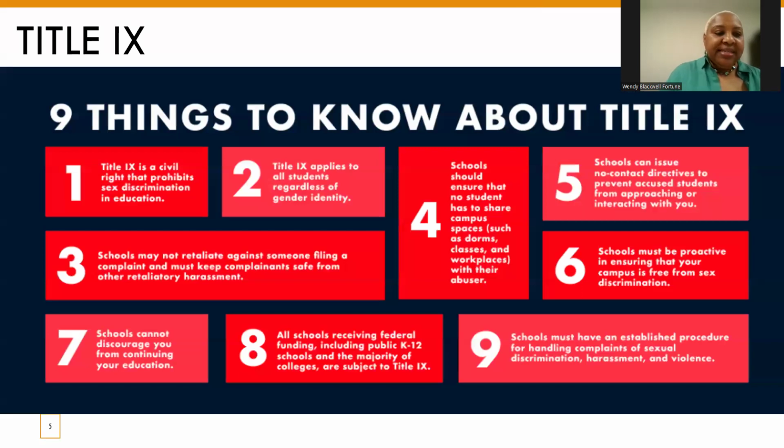The next one is Title IX, which protects students against discrimination based on sex or gender, and it protects against sexual harassment, sexual assault, intimate partner violence, and sex or gender-based discrimination. Some colleges founded on religious doctrines refuse federal funds so that they do not have to adhere to Title IX protections.